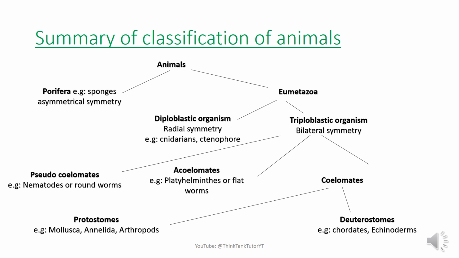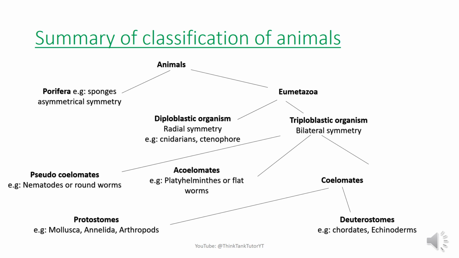Examples of diploblastic organisms are cnidarians and ctenophores, while triploblastic organisms are further classified into three categories according to the presence or absence of a body cavity.